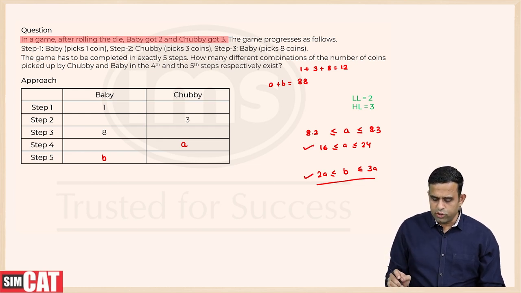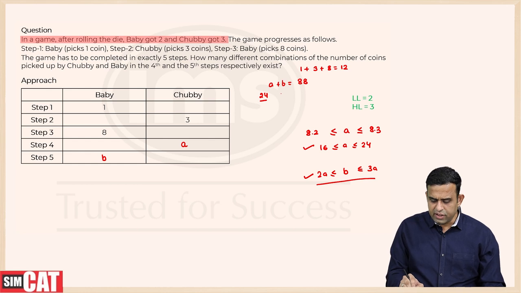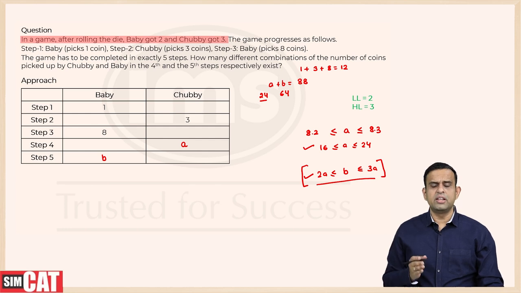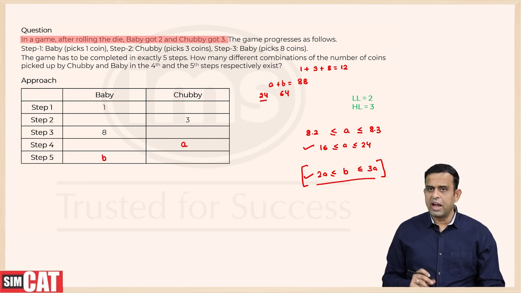For example, if I want to check for A equals 24, and I want A plus B to be equal to 88, then the value of B should be 64. Now, I just want to check whether the value of B is in the range of 2A and 3A. So 2A will become 48, 3A will become 72, and the number 64 happens to be between 48 and 72.